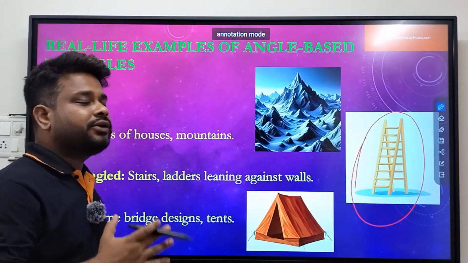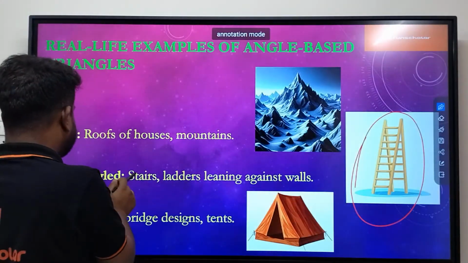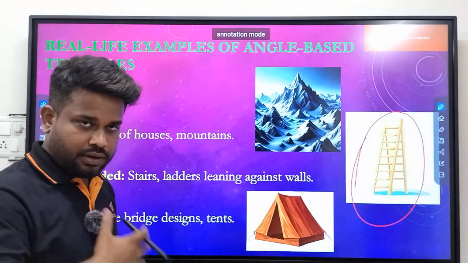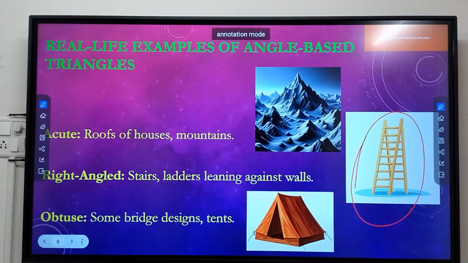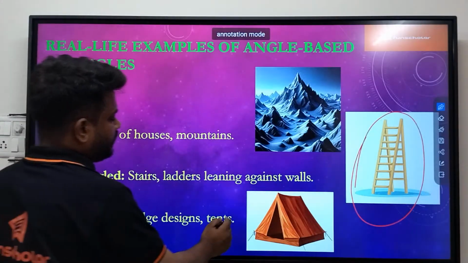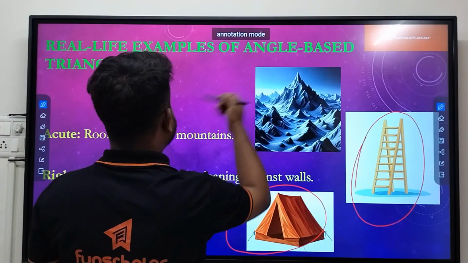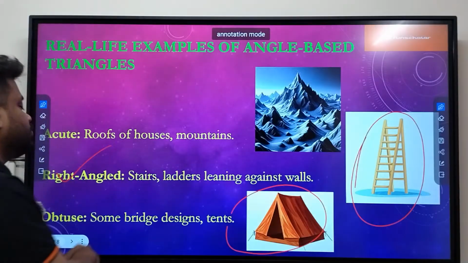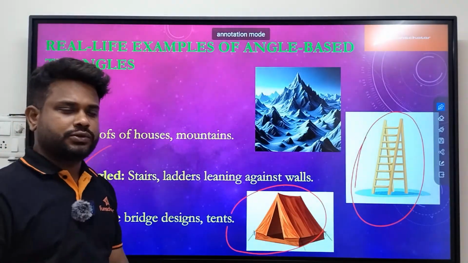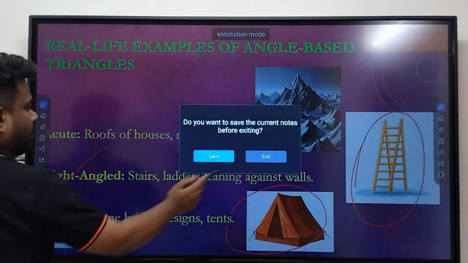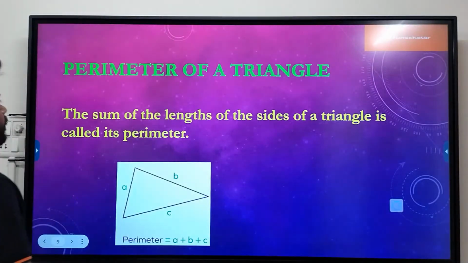We will consider this type of triangle pretty much in our next type of questions. And for obtuse angles, some bridge designs. These two are less used, but the right angle one will be used pretty much in our syllabus and in future also. Let's go to the next one.